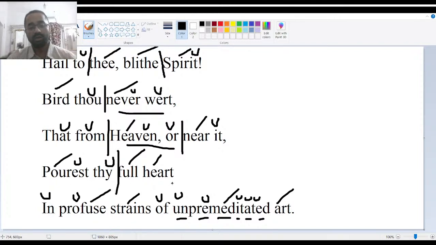Pourest thy full heart. So let's come to the final line, which is a bit different from the other lines. In profuse strains of unpremeditated art. Lots of unstressed syllables. So where do you cut?